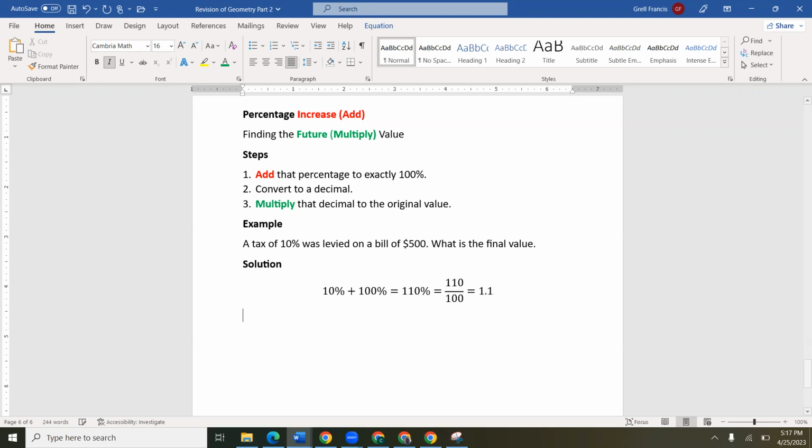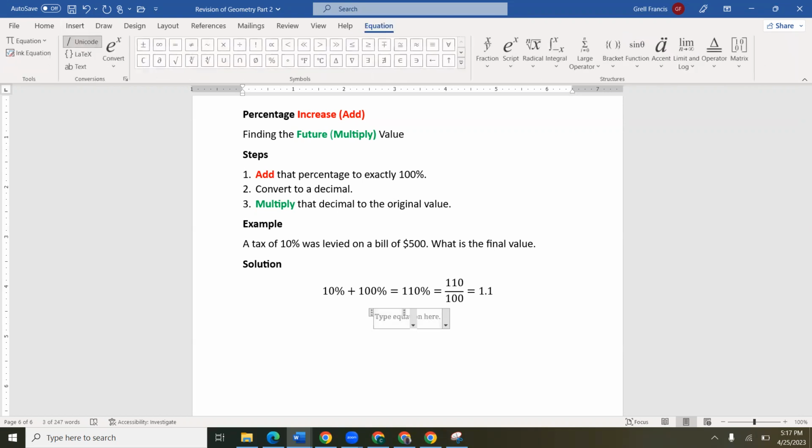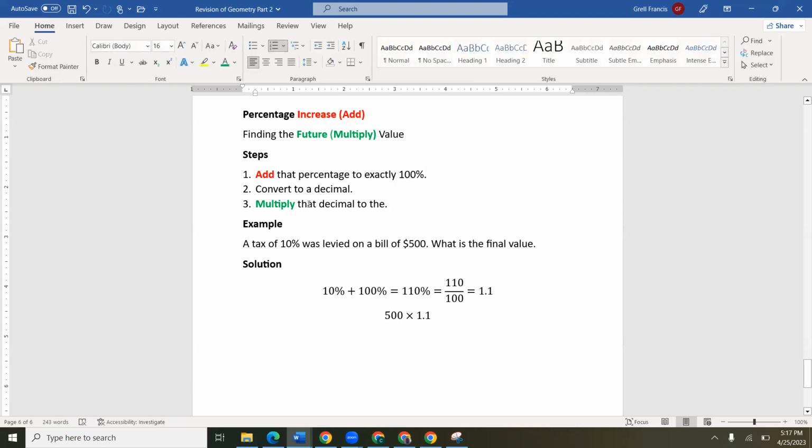And we're going to do step number 3 now, which says to multiply that decimal to the original value. The original value is $500. So to get the final value, we have to multiply. Okay, we have to write down that $500 and multiply it by 1.1, or better said, multiply the original value by the decimal.